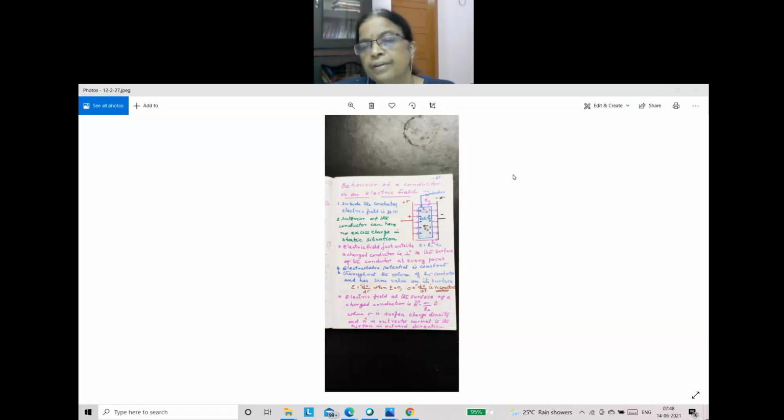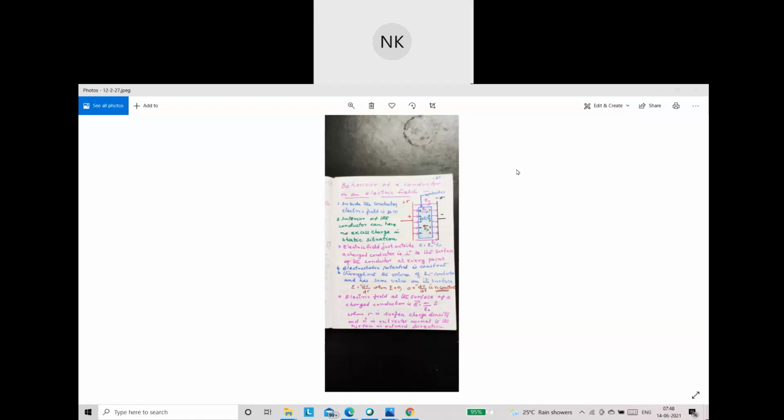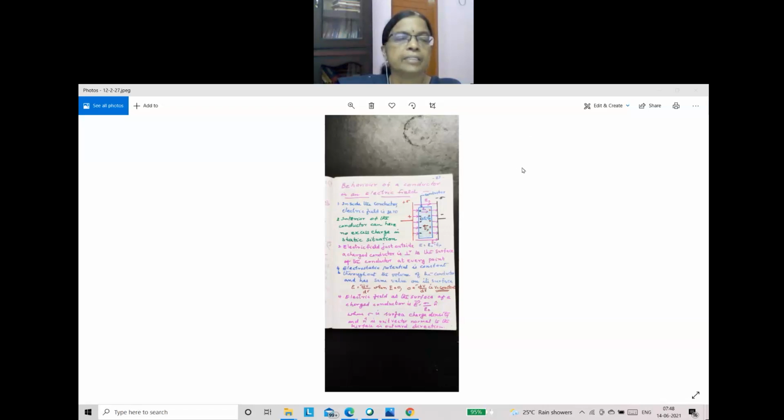This property of the conductor protects us from the external electric field. So the electric field inside a cavity is, complete the sentence children. Electric field inside a cavity is 0. Correct. Okay.